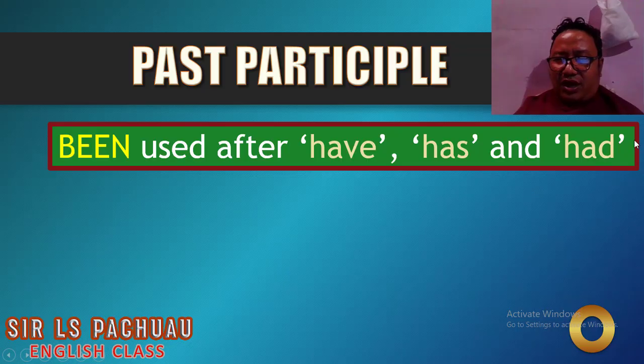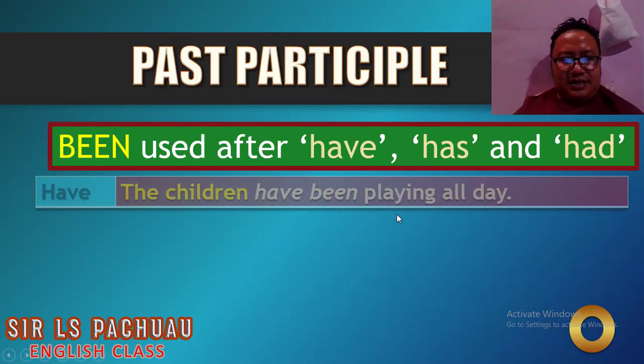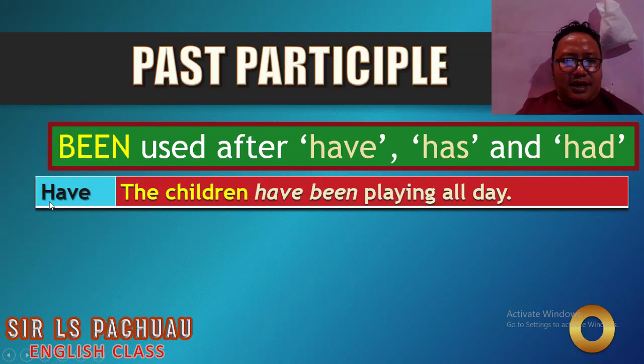In the first term, we have learned that have, has, and had are belonging verbs. But when we are going to use been, this been is a state verb or be verb. So when we are going to use it in a sentence, we have to add have, has, or had.